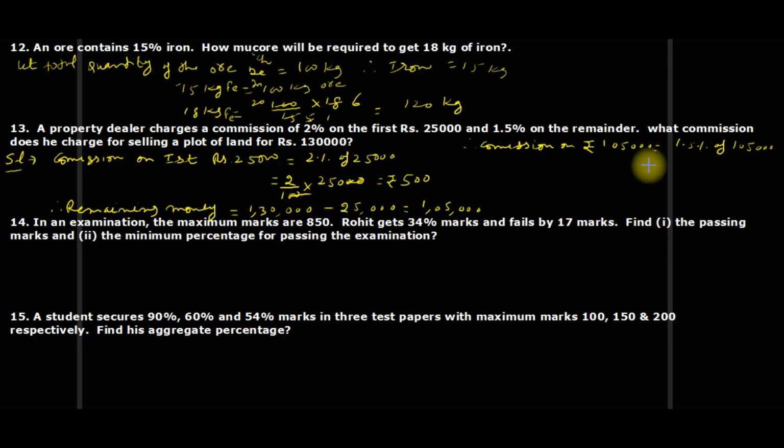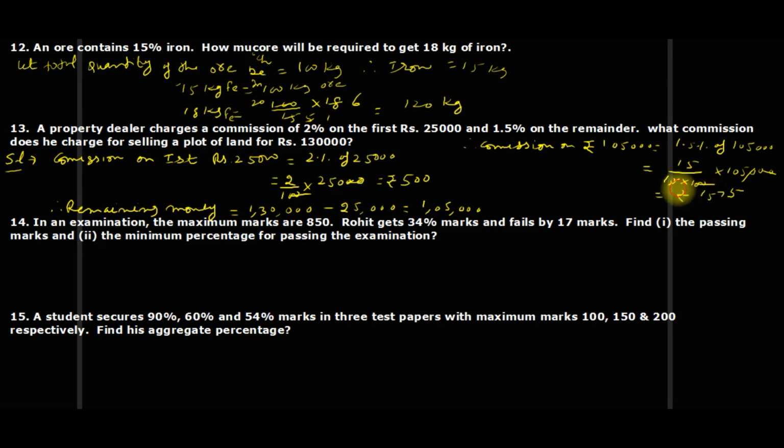This would come out to be 15 upon 10 for this decimal and 100 for percent, and this 0 cancels this, so it will become 15 fives are 75, 7, 15.